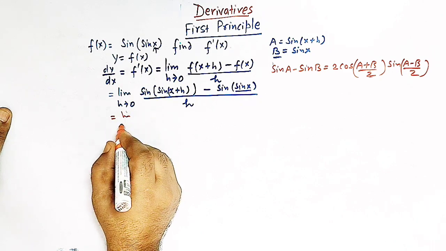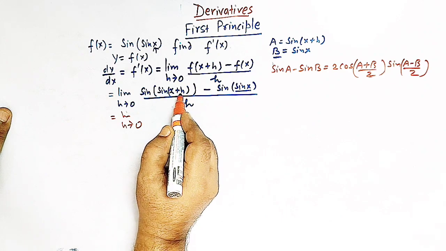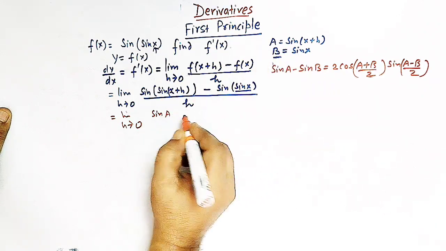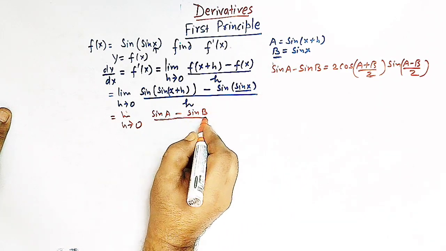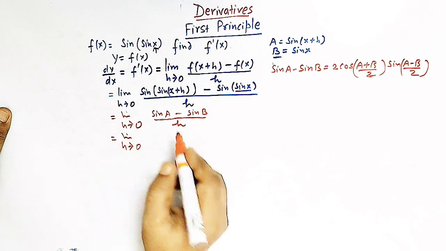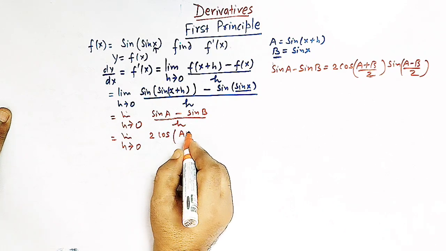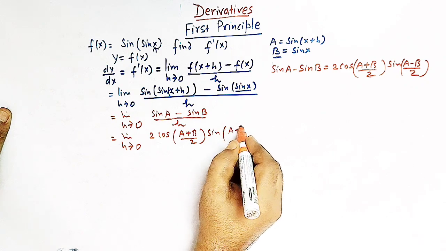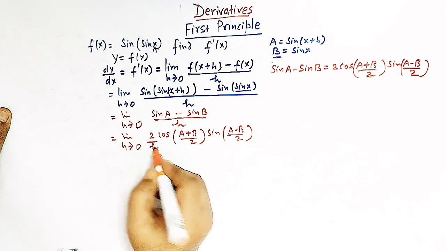So we have limit h tends to 0, and here sine of sine x plus h. Sine x plus h is A, so we have sine A minus sine B, because sine x is B, and here we have h. So now we can write limit h tends to 0, and we have 2 times cos of A plus B over 2 and sine of A minus B over 2 divided by h.